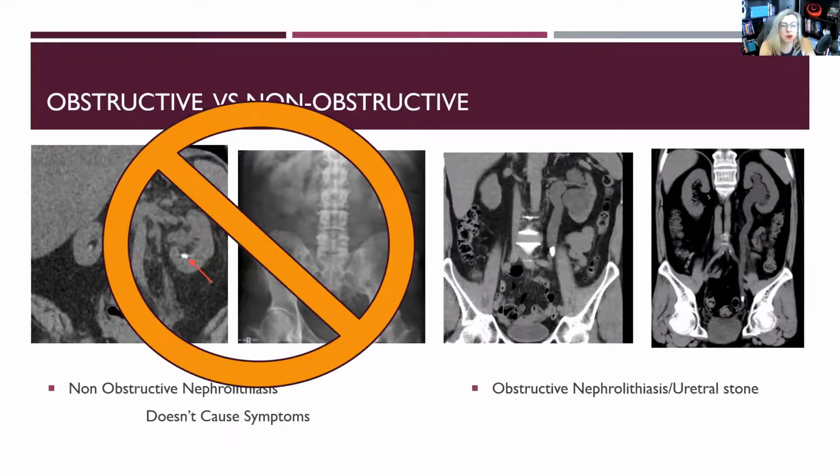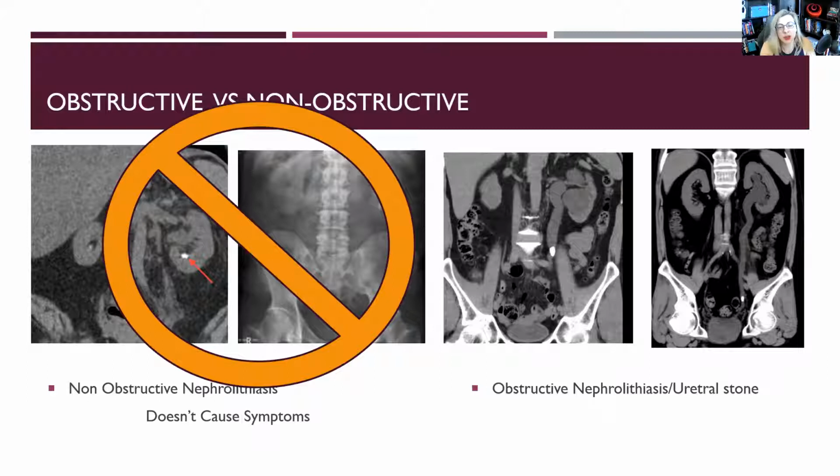However, these two images on the other side are obstructive kidney stones or ureteral stones. A lot of CT reads will call them ureteral stones. So these are the stones that are actually in that ureter that are going to cause the symptoms. Now, this isn't exact because everybody's anatomy is a little bit different.